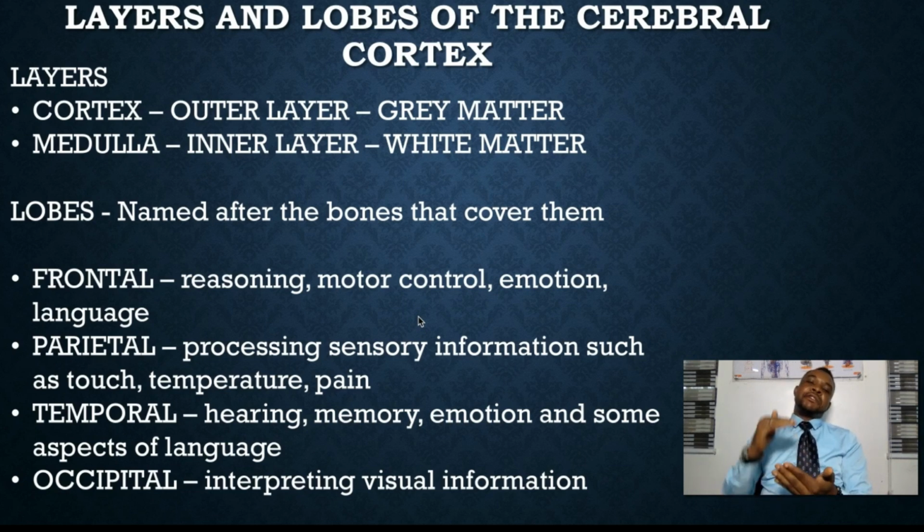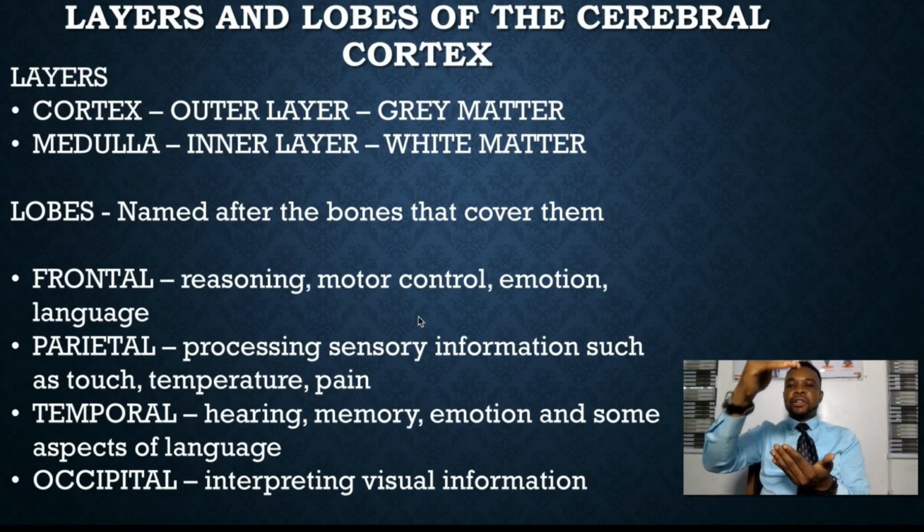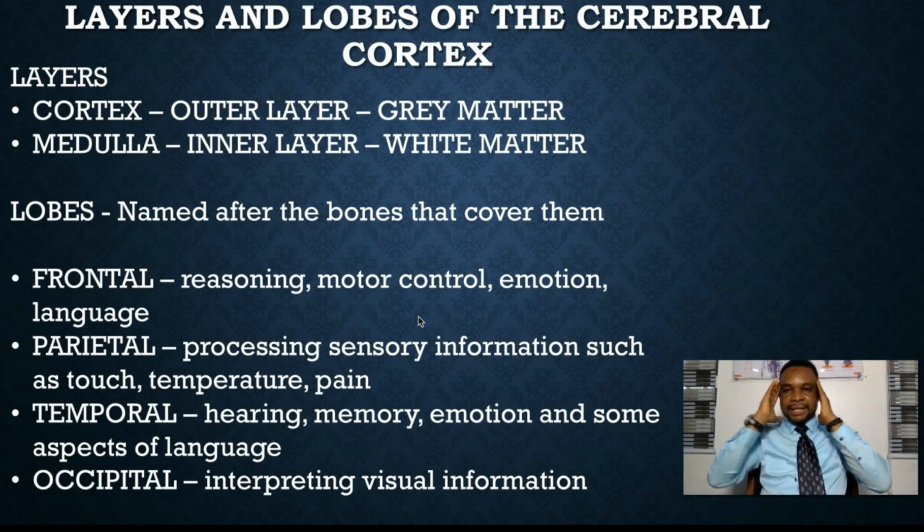Then we have the part that is on top of the cranium, called the parietal lobe. The parietal lobe processes sensory information such as touch, temperature, and pain. Then we have the temporal lobe. The temporal lobe is by the side. That is where the area that controls hearing, memory, emotions, and some aspects of language is located.